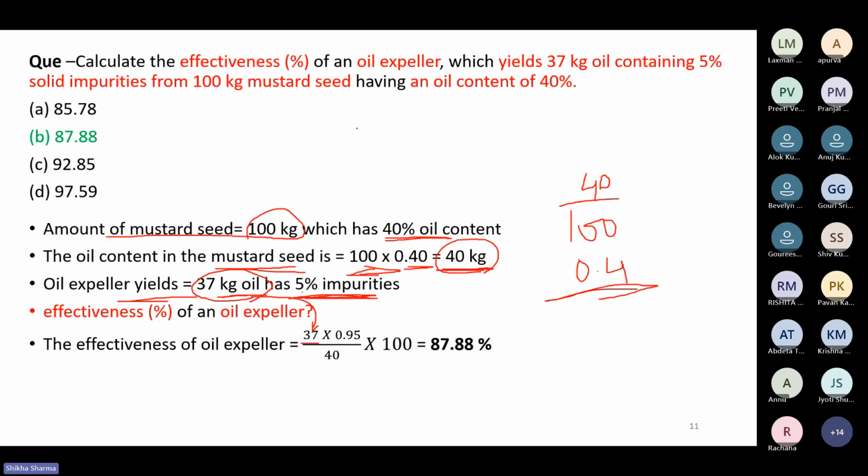So 100 minus 0.05, because 5% means 5 by 100, so 5 by 100 equals 0.05. So 100 minus 0.05 is the pure amount, which is 0.95.